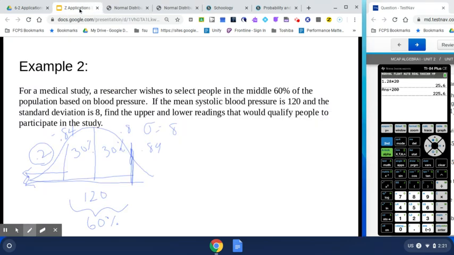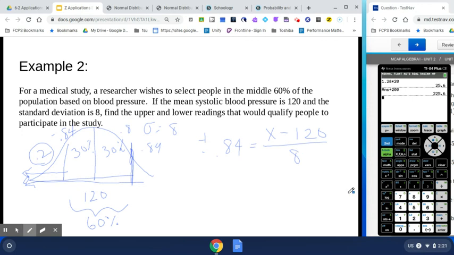And if we follow it out, that is a z-score of positive 0.84. Okay, so let's transform those z-values into x values using the formula. So we have positive or negative 0.84 equals x minus the mean of 120, divided by the standard deviation of 8.